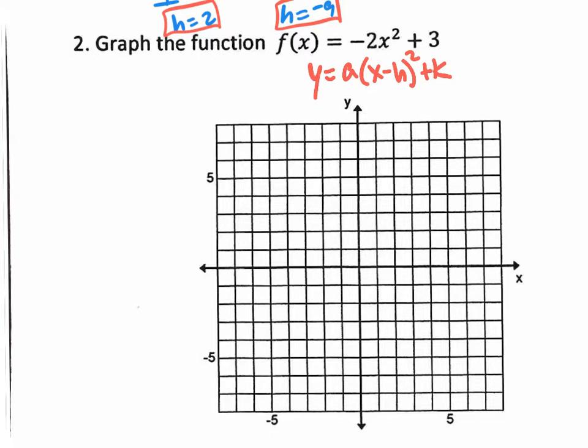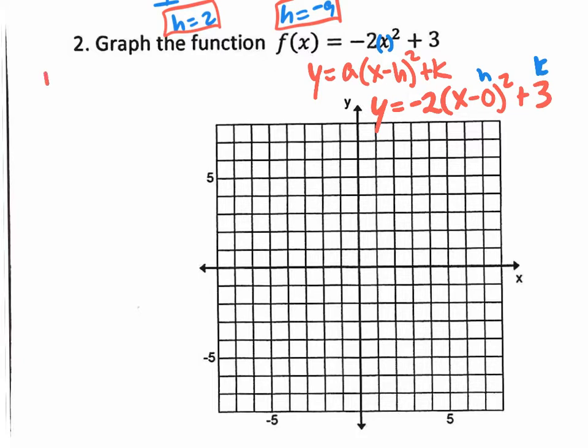So let's pretend that there's some parentheses around that x. In other words, let me rewrite it as y equals negative 2, open parenthesis, x minus, there is no addition or subtraction in the blue parenthesis right there, squared plus 3. So in reality, the h value is 0 and the k value is 3.